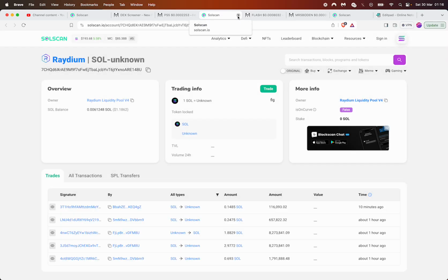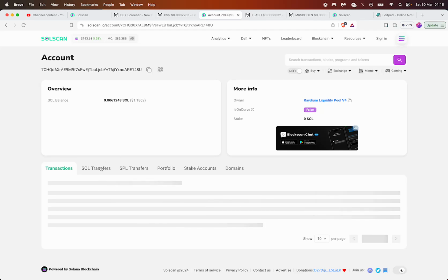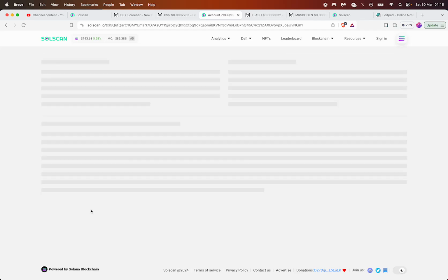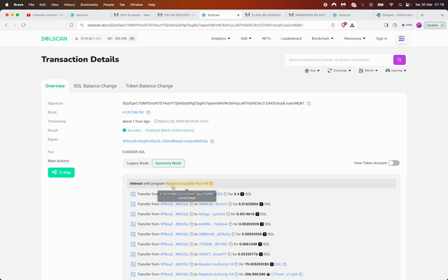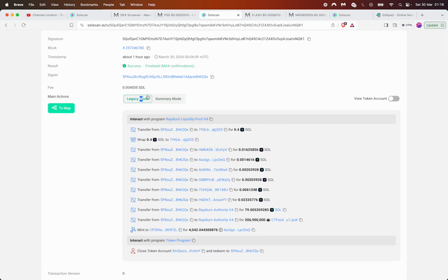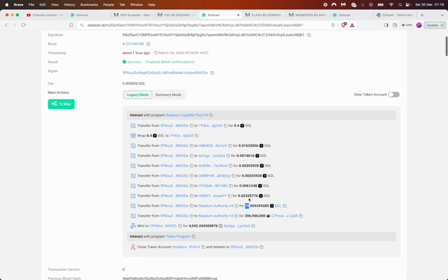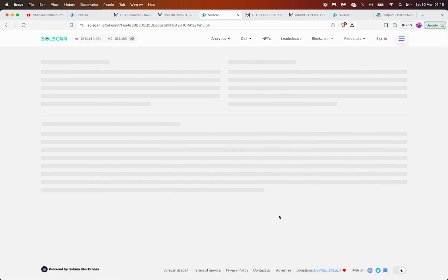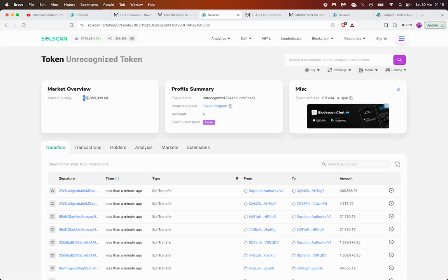If we go to the pool address, we want to check the initial LP transaction. It was created with 79 SOL. Wow, okay. That's a lot of money. And 206 million supply. What was the original supply? Oh, 1 billion.